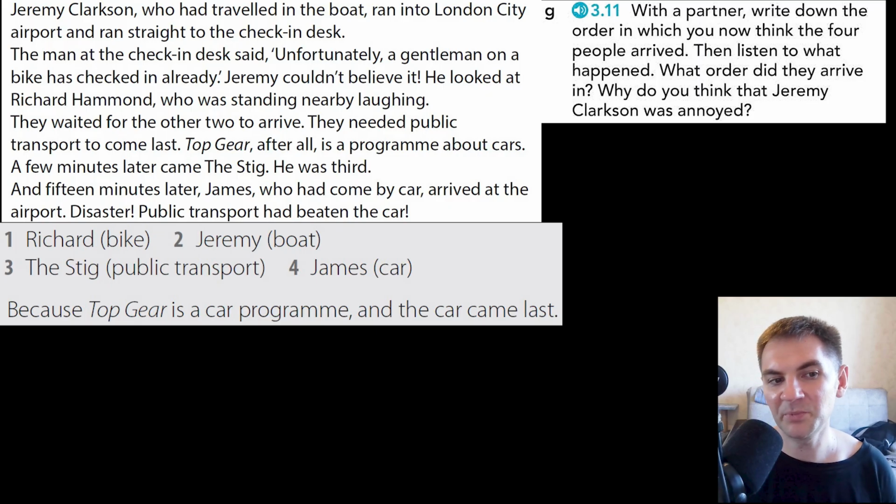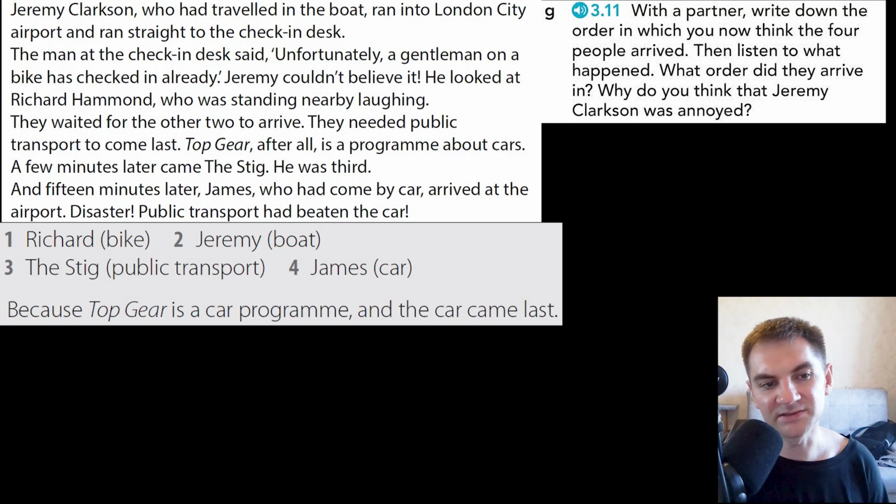Place number 1. Surprisingly, it's Richard on a bike. Place number 2, it's Jeremy on a boat. Place number 3, it's the Stig on public transport. And place number 4, it's James, who used a car to get there.